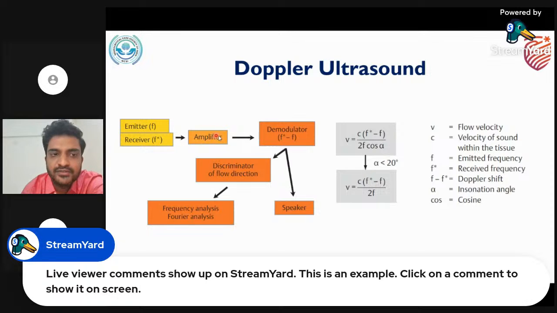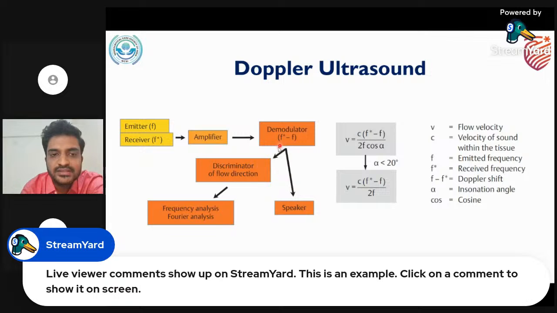It amplifies the reflected frequency, and then the demodulator subtracts it. Once the demodulator subtracts the received frequency from that of the parent frequency, it straight away sends it to a speaker where you hear the sound tush tush tush tush. That is what is called the Doppler difference in the frequencies.